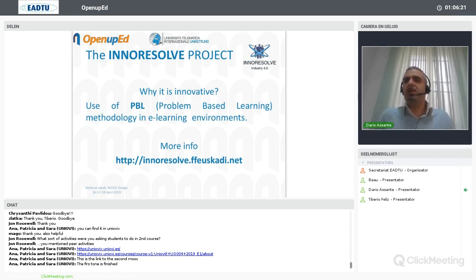What is the most innovative aspect of such a project? Well, the PBL methodology is a common methodology used in presence and is based on the definition of some real problem and the involvement of a group of students that, through a discussion and mentored by a tutor, has to find a strategy to solve the problem.